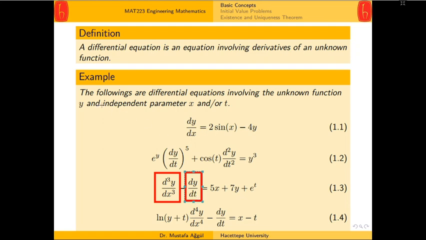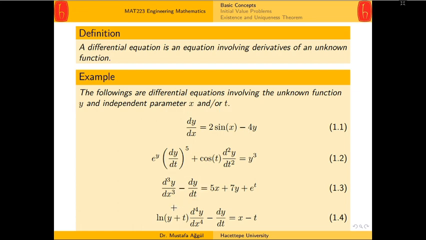So it means we have two independent parameters. One of them is x and the second is t. So this is also a differential equation because we have derivatives and an equal sign. So these are the other terms we have on the differential equation.